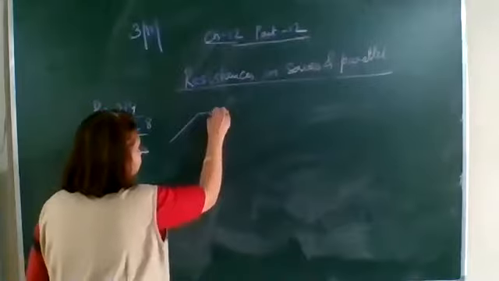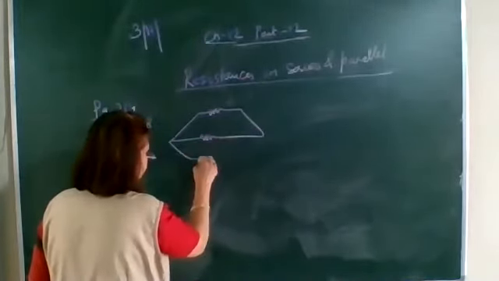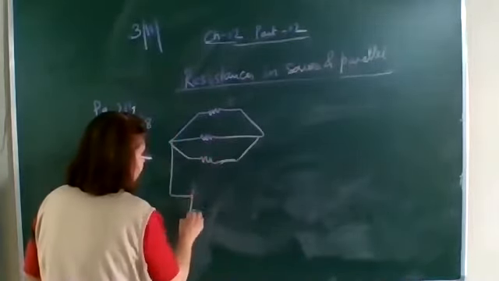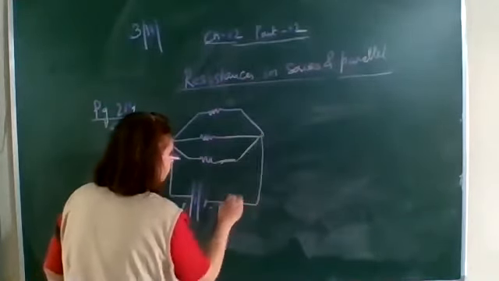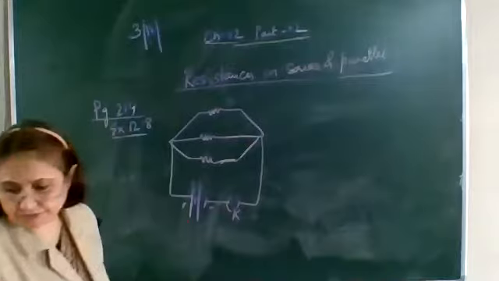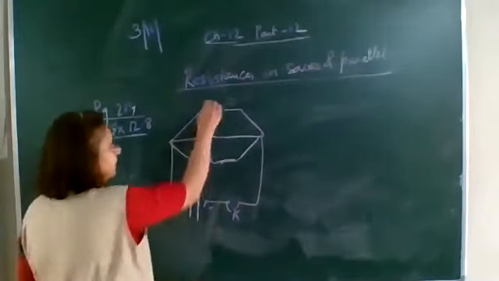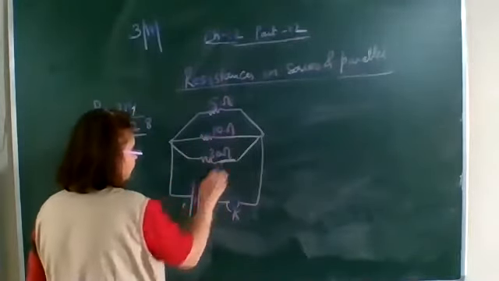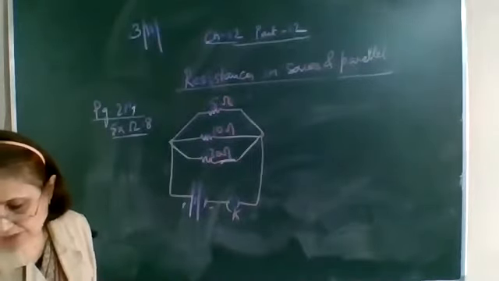Three resistors connected in parallel. This is the parallel combination of three resistors and the resistances are given as 5 ohm, 10 ohm and 30 ohm respectively, which are connected to a 12 volt battery.